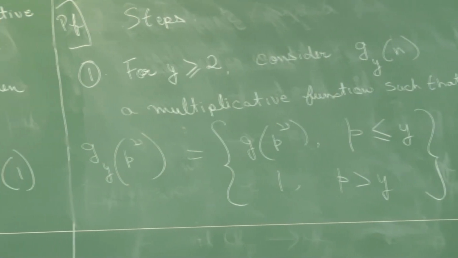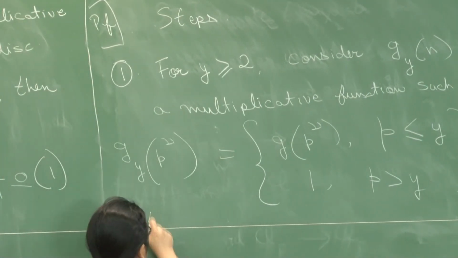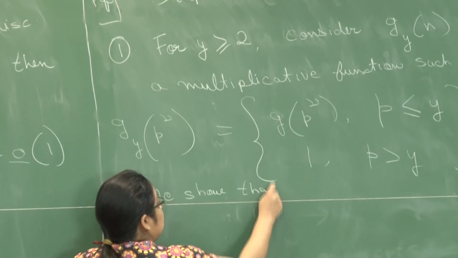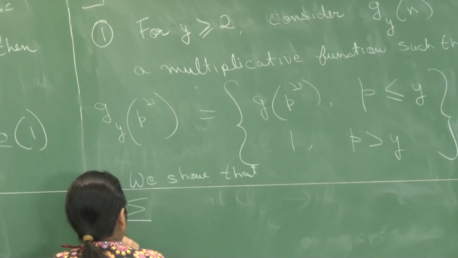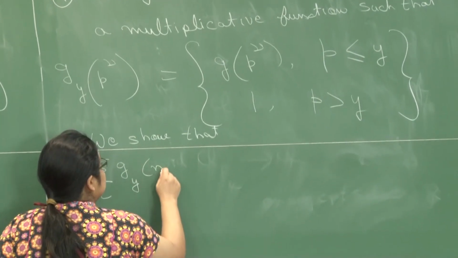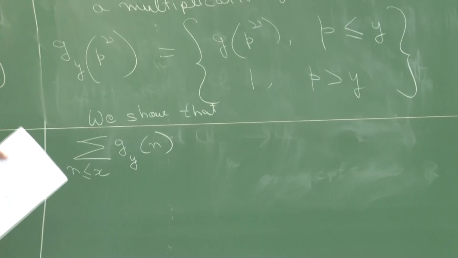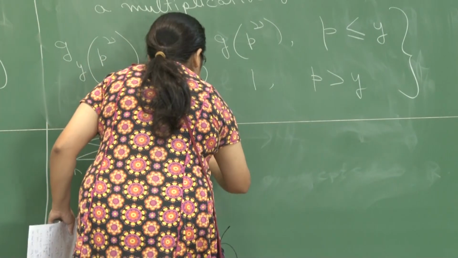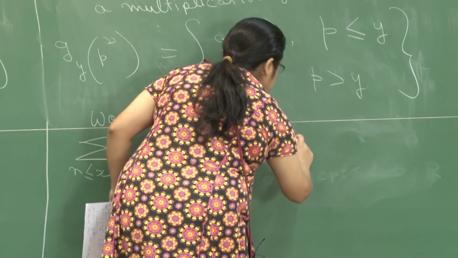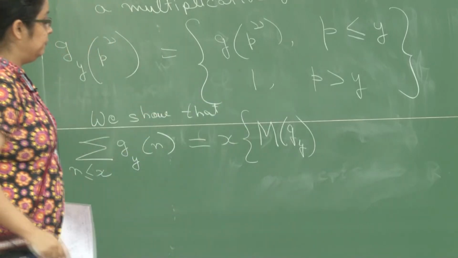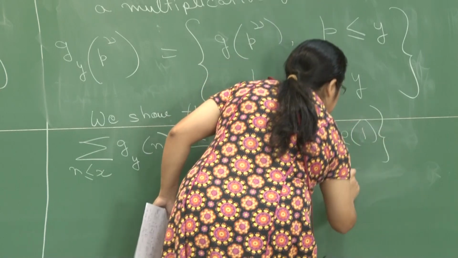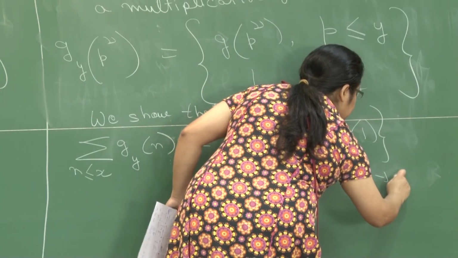So we show that the summation over n up to x of g sub y of n turns out to be equal to x times a function m of g sub y, which I am going to define shortly, plus little o of 1 as x goes to infinity.